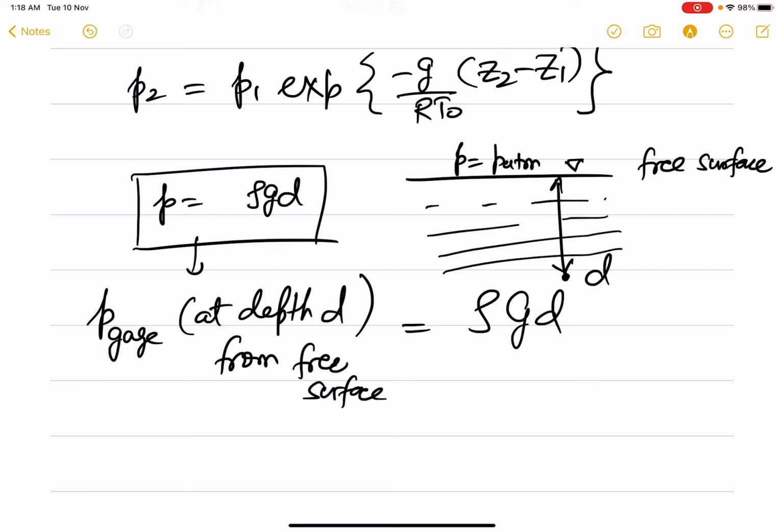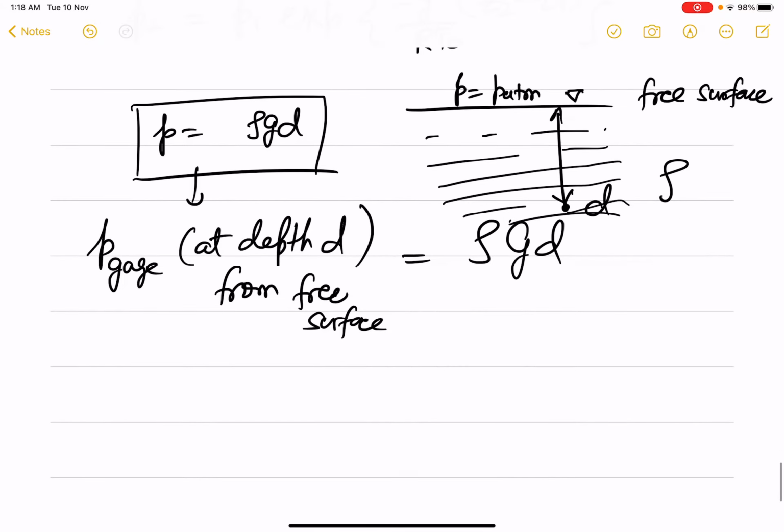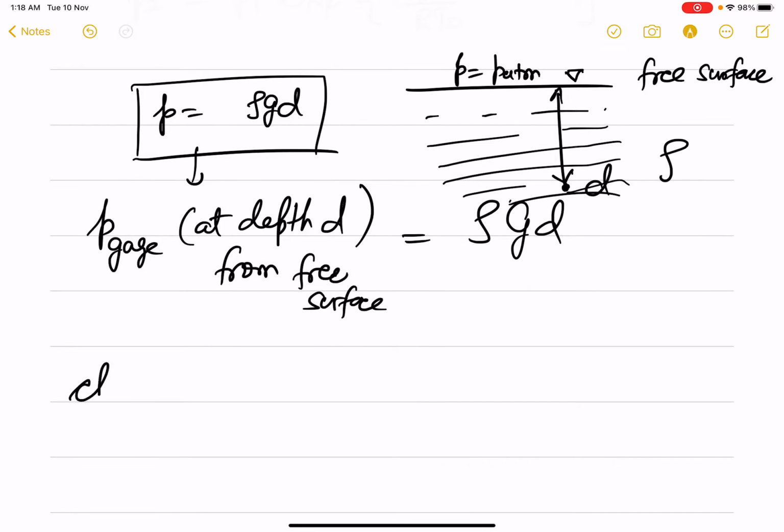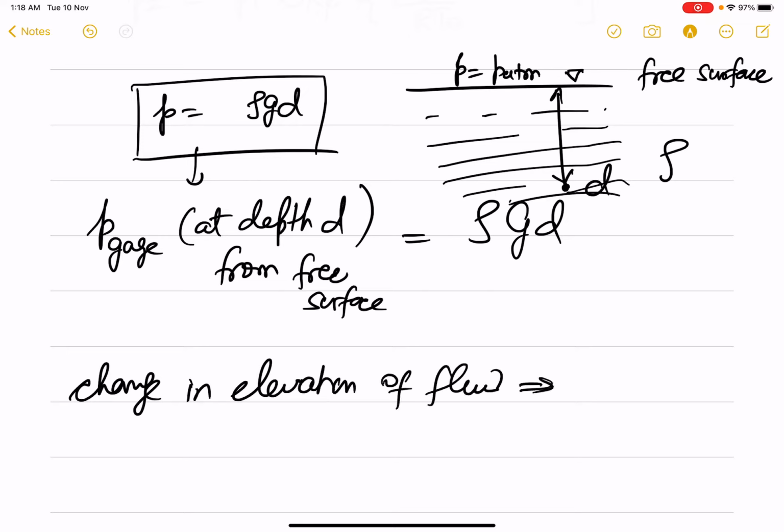So we have assumed that there is a fluid of density rho in all this space. Now, what we see from here is that a change in elevation of the fluid implies a change in pressure.